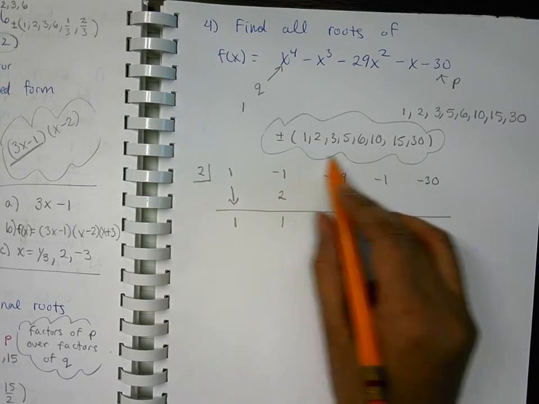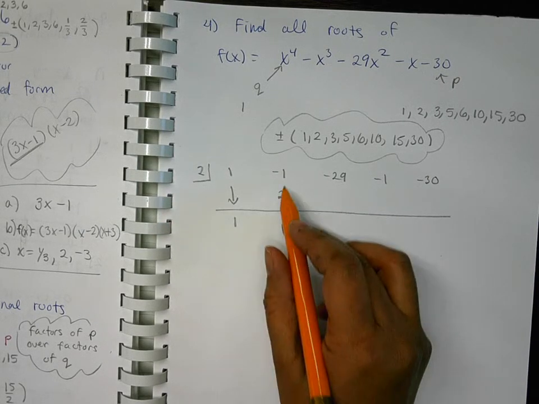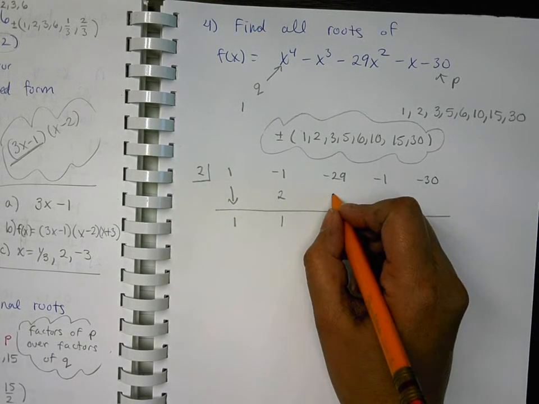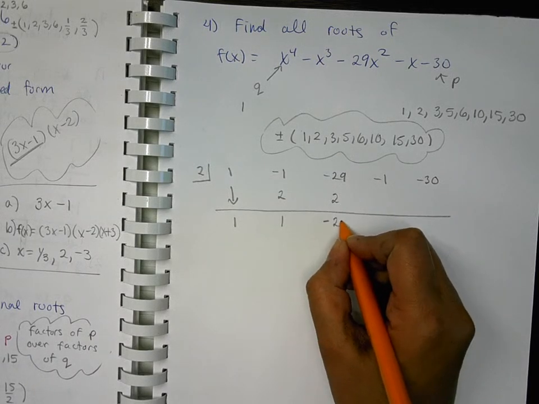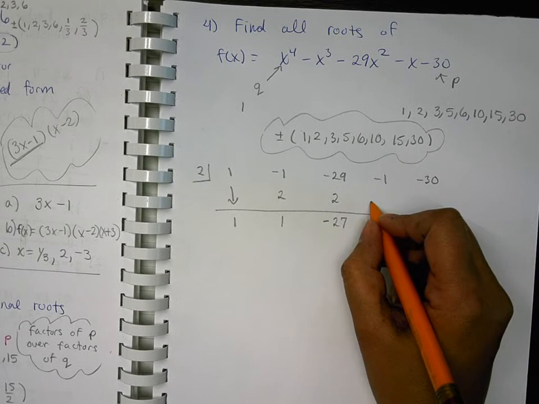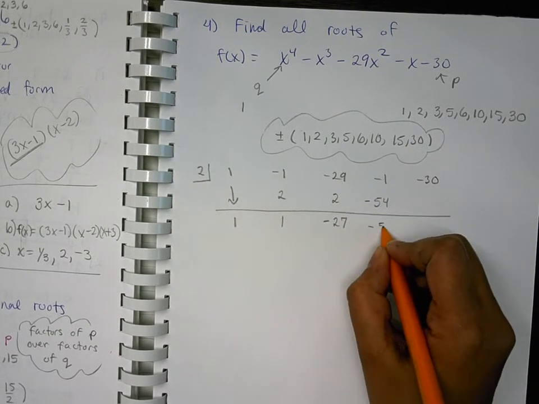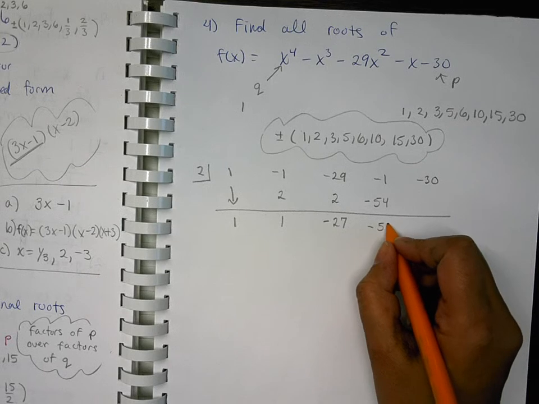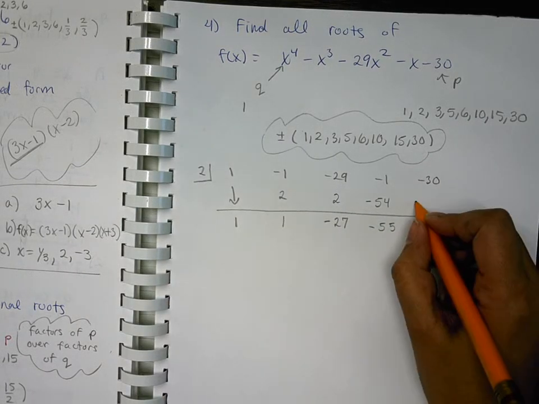All right, let's continue. 1, 2, 1, and the next number is 2. Next number is going to be negative 27. 2 times negative 27 is negative what? And that's going to be negative 55, and that's going to be negative what?